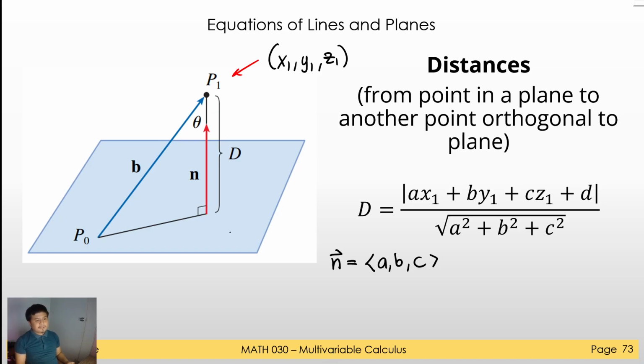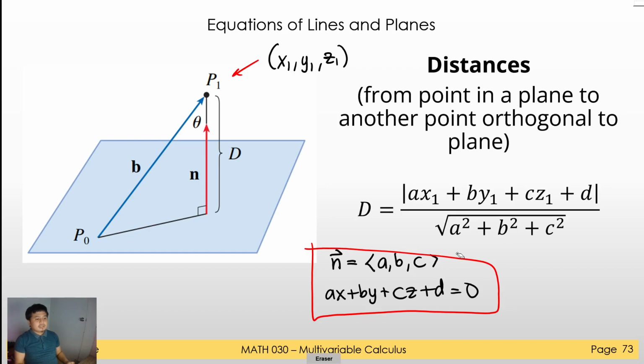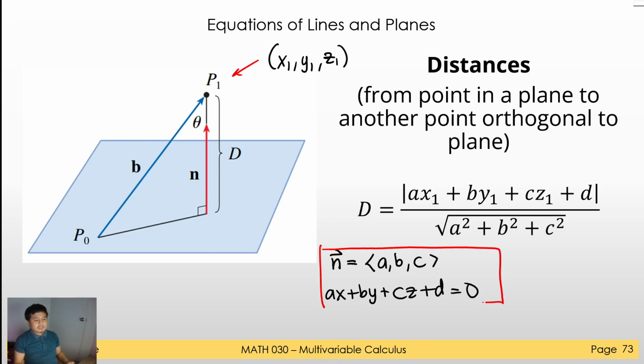And then for your plane, you can remember that we represent the plane with ax plus by plus cz plus d is equal to 0. So remember these three things, in addition to this formula, so that you can use the formula.